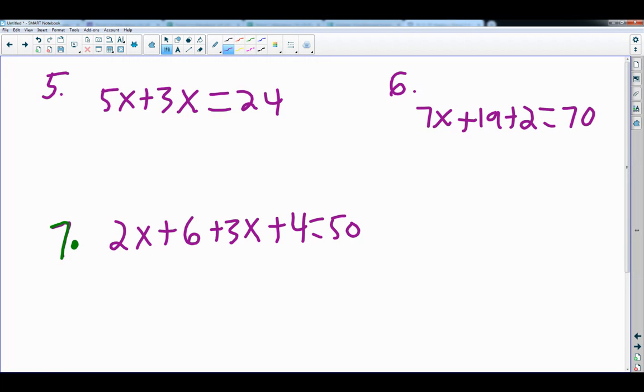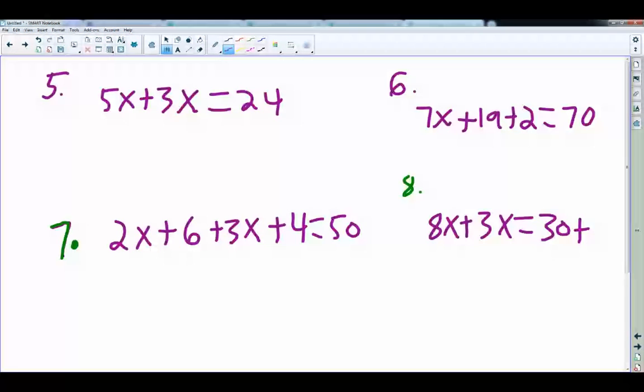And number 8, 8x plus 3x equals 30 plus 3. Okay, so those are yours to do on your own. Make sure you leave enough room between 5 and 6 and 7 and 8 so you can show your work. Don't put 5 and 6 on one line and then 7 and 8 on the next line. Do 5 and 6 and then do 7 and 8 down below. And that's it for today.